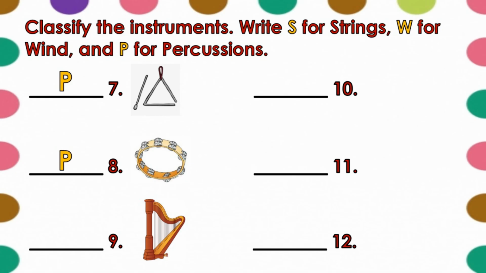Correct. Harp is string instrument. S. Number 10. Flute. Is it string, wind, or percussion? Correct. Flute is wind instrument. W.